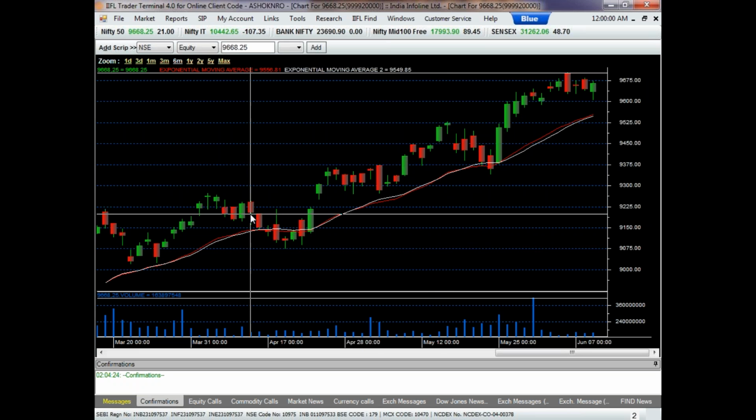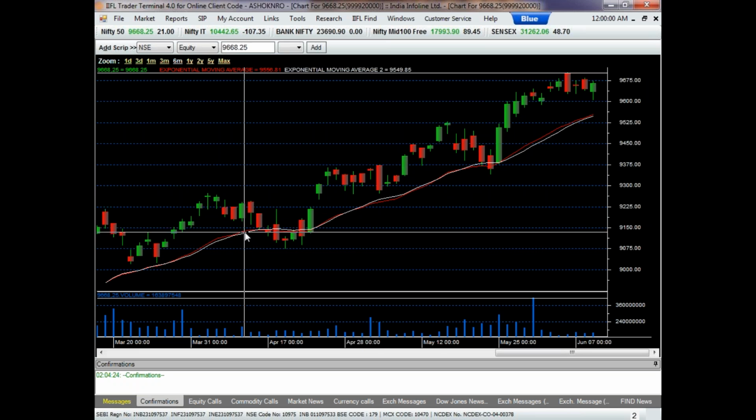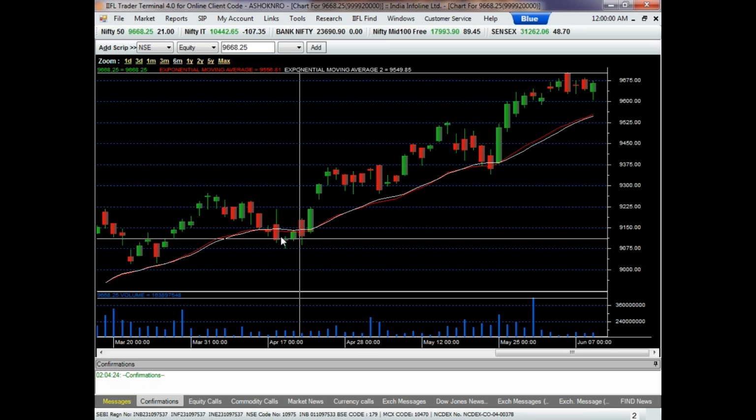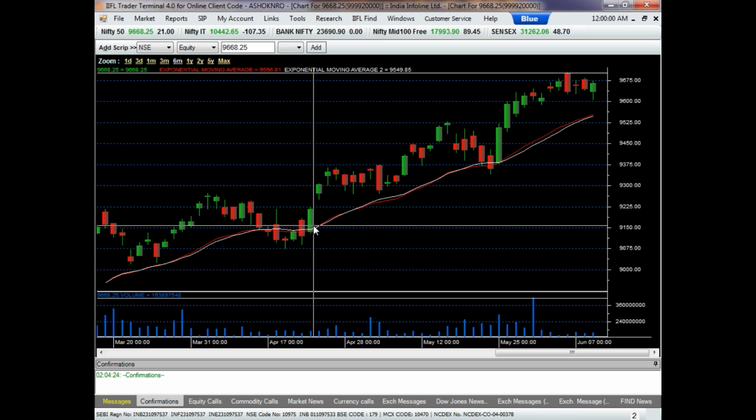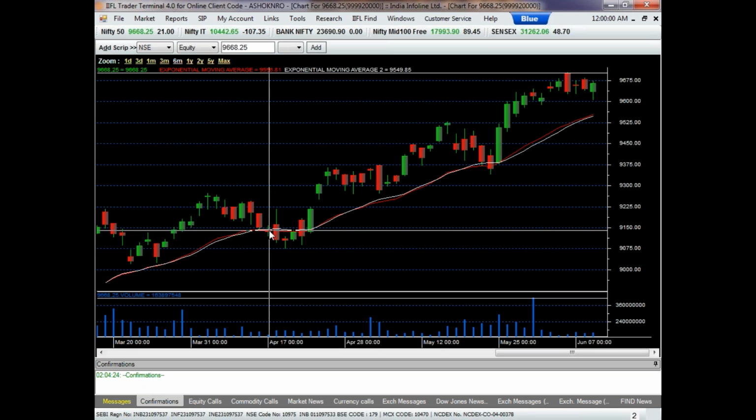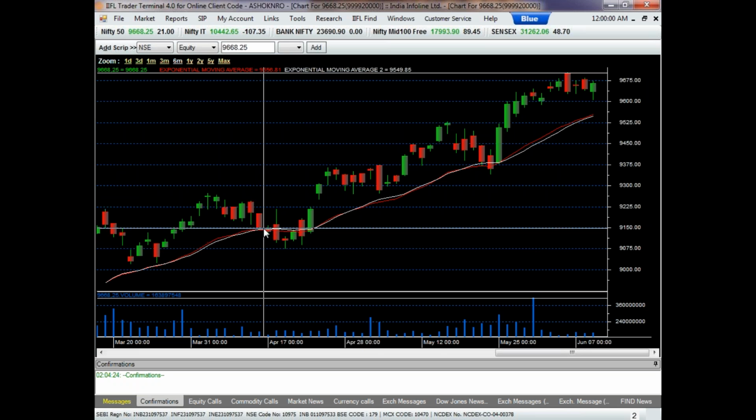Okay, over here also there was a crossover around this zone, 9,150, perfectly at 9,150. It went down and it went up again over here. You can notice somewhere over here 9,160 probably. Though you have lost, check this out. It crossed right here, that is 9,150.